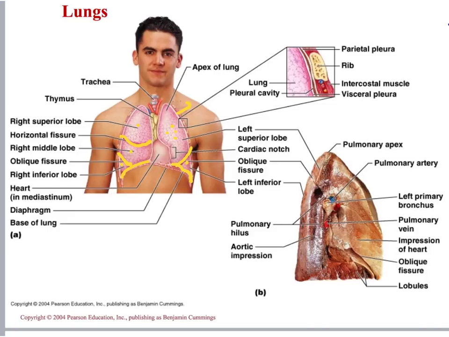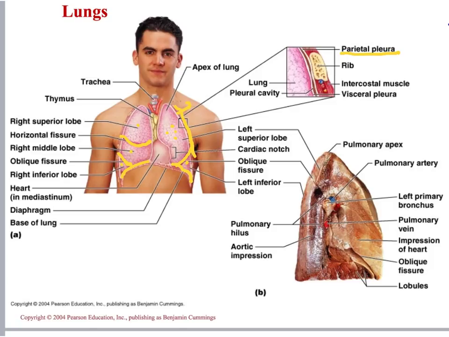Surrounding the lung tissue are the pleural membranes. This is a double-layer serous membrane. The layer that lines the inside of the chest cavity, attached to the inside of the bones right there, is known as the parietal pleura.